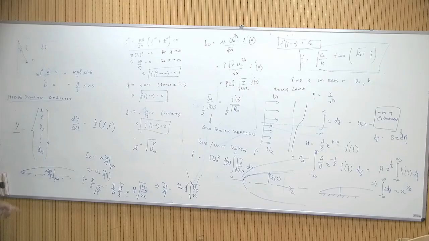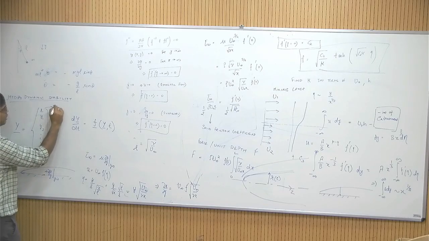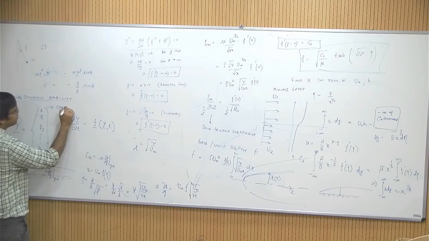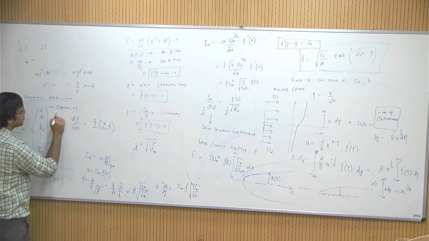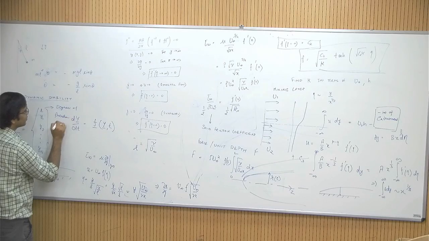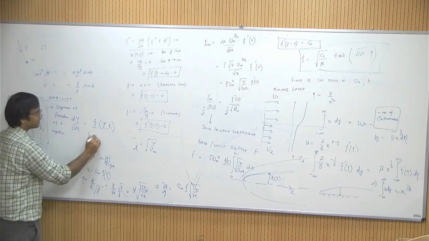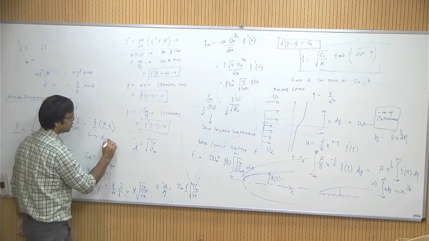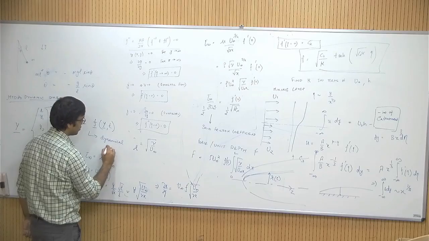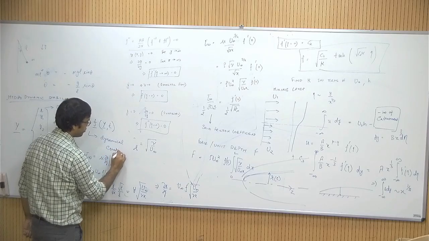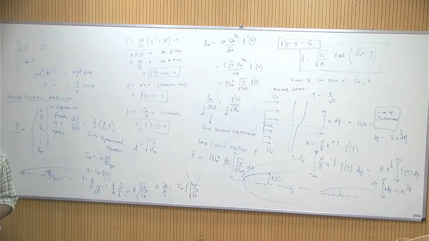These are the degrees of freedom of a system, and this is its dynamical equation.